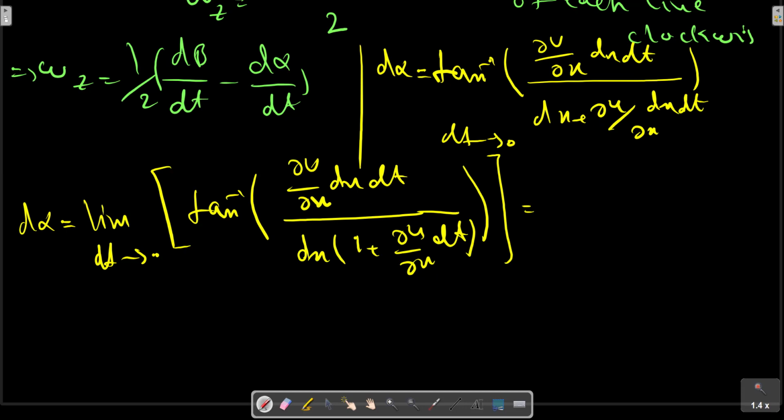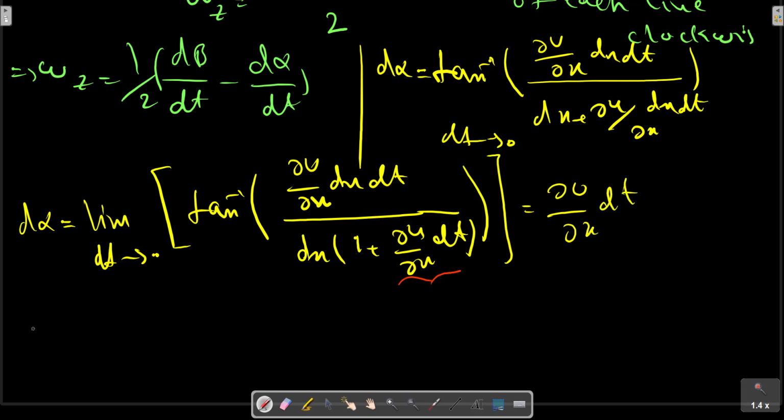This quantity is much smaller than 1 and is eliminated from our limit, and the result is the expression of the partial of v with respect to x, dt.